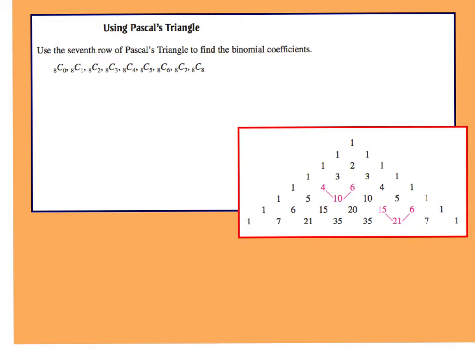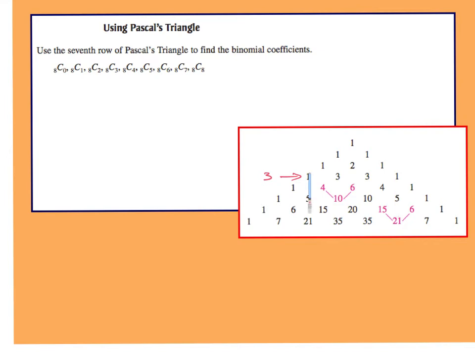Now, also, I forgot to go over it. If this is my 3rd degree row, how many terms do I have? I have 4 terms. Because this 1 right there at the beginning is actually, what is my R? My R on this one is 0. Because this one's going to be a 3.